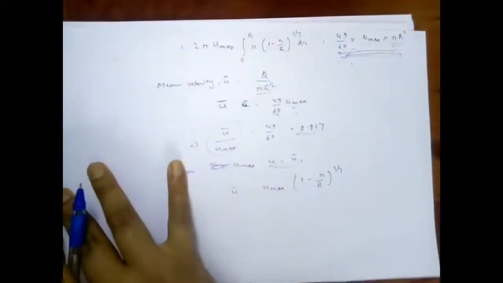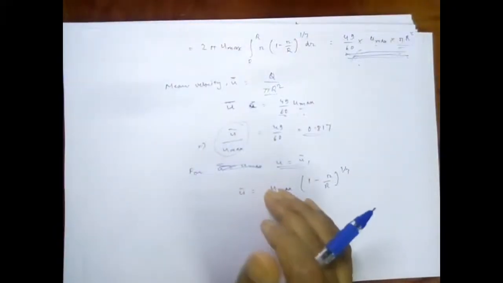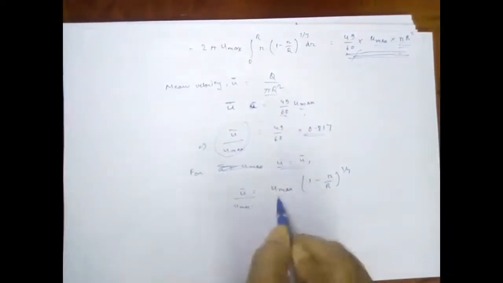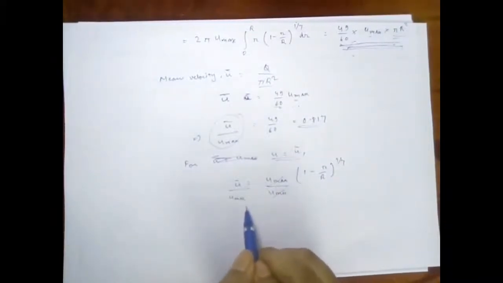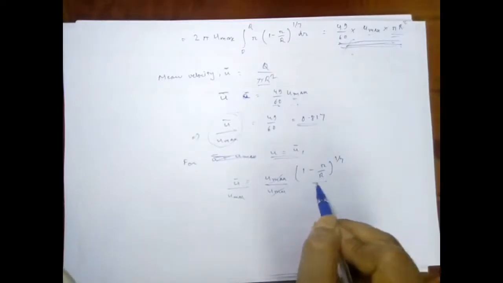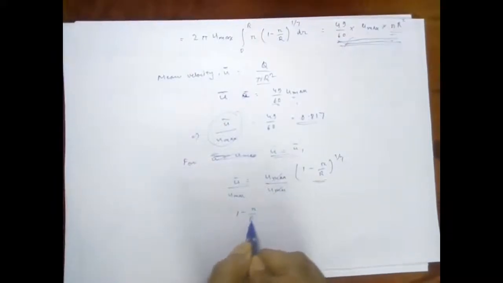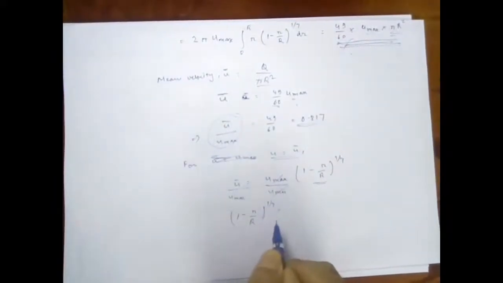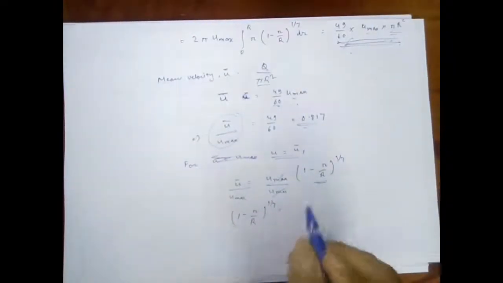So for mean velocity, the equation will be like this, and also if I divide both sides with u max, then u bar upon u max is equal to (1 minus r upon R) to the power 1 by 7, and therefore (1 minus r by R) to the power 1 by 7 is equal to the value of u bar upon u max, 0.817 or 49 by 60.